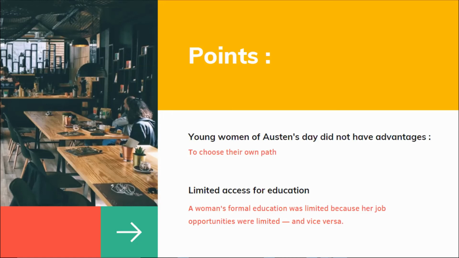But because of the entail and the fact that she has no brother, her situation could become quite desperate when he dies. She and her mother and sisters would be forced to rely upon the charity of their relatives such as Mr. and Mrs. Phillips, Mr. and Mrs. Gardiner, and even Mr. Collins. Such a position would be extremely distasteful and humiliating.